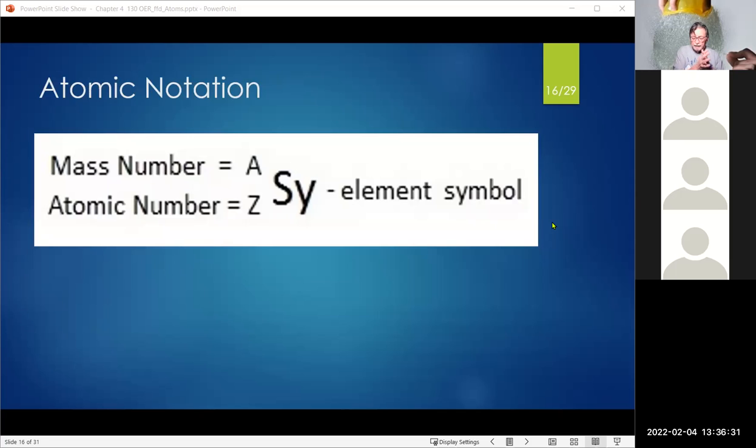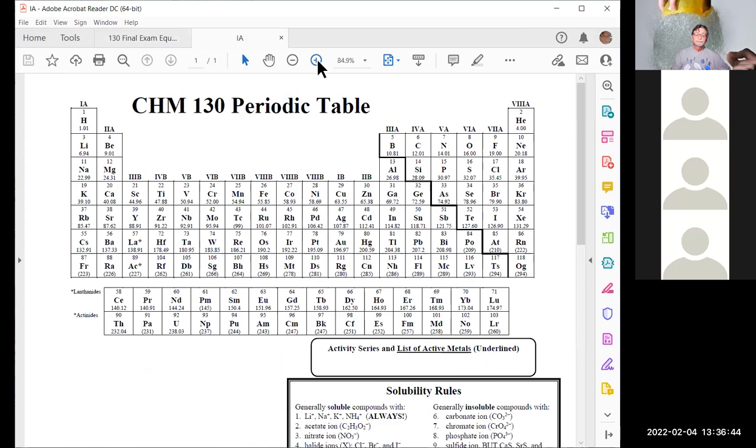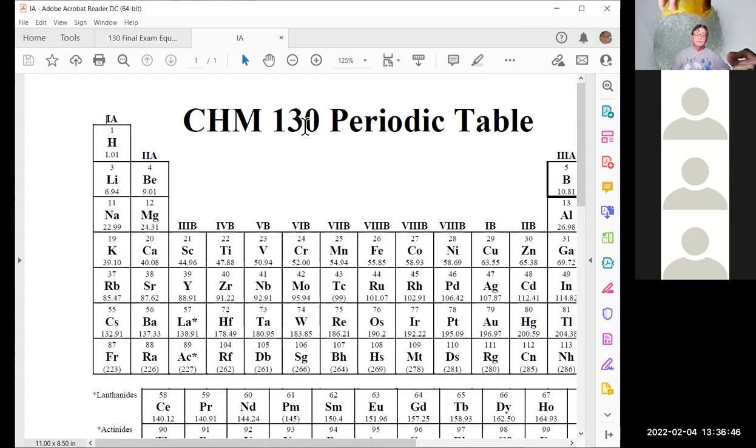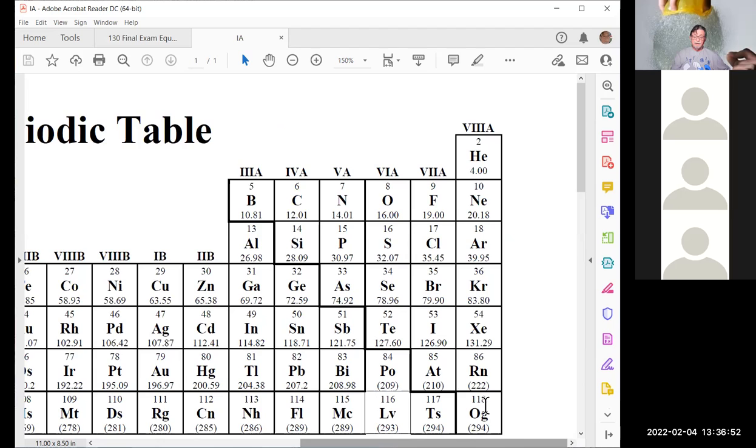Atomic notation. So we have all these elements. Let me call up the periodic table real quick because I do refer to it quite a bit. Right, so if you look at your periodic table, you'll notice that we have 118. Now this one hasn't been updated yet.